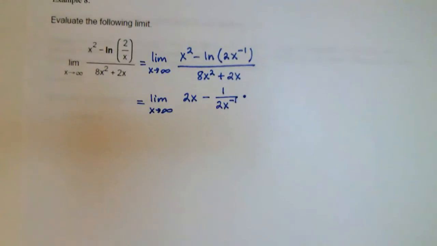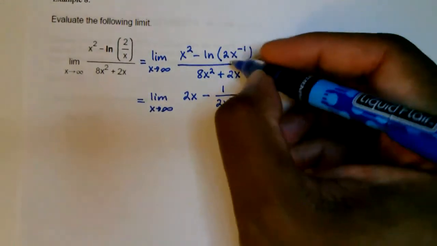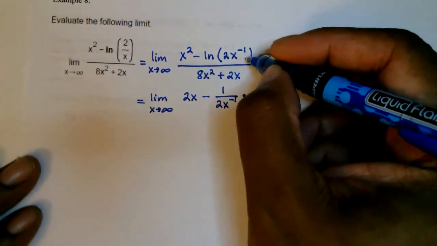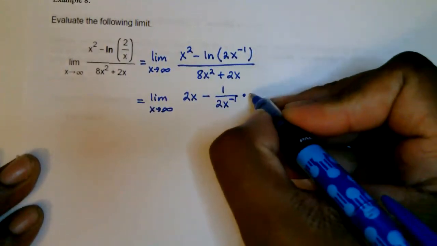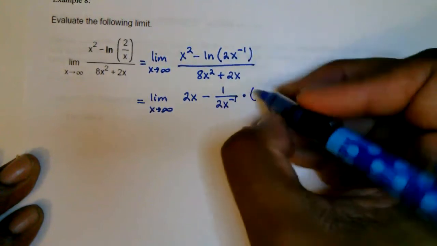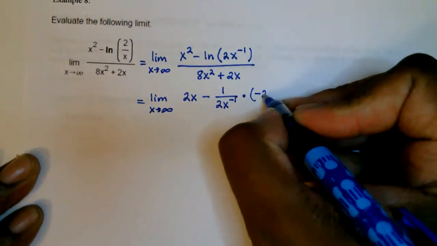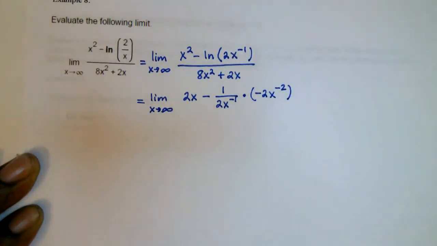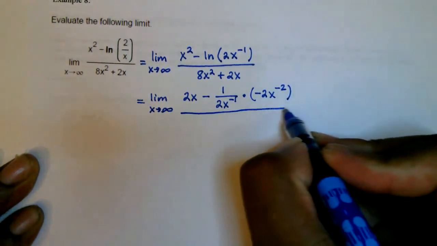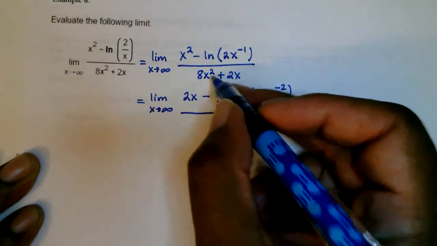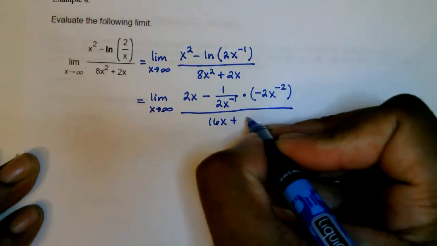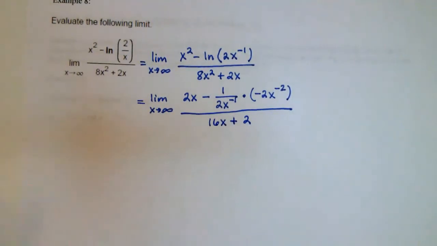However, I need to take the inside derivative using the chain rule. So the derivative of 2x to the negative 1 is going to be this: I bring the negative 1 in front of the 2 and multiply, you get negative 2, copy over the x to the 1 less power, negative 2. And all that's going to be divided by the derivative of 8x squared, which is 16x, and the derivative of the plus 2x, which is plus 2.